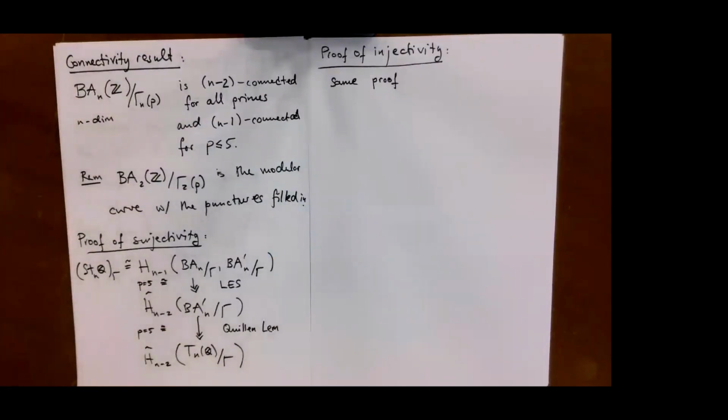So again, here we have a bijection. So that will give us injectivity between this and this for p equals 5, or p small equal to 5.